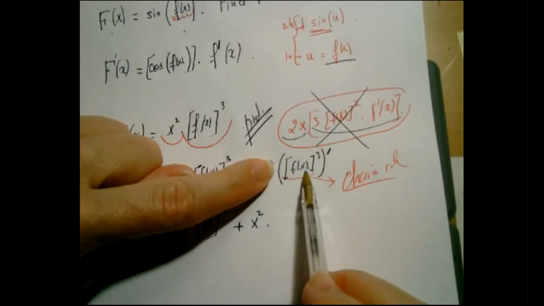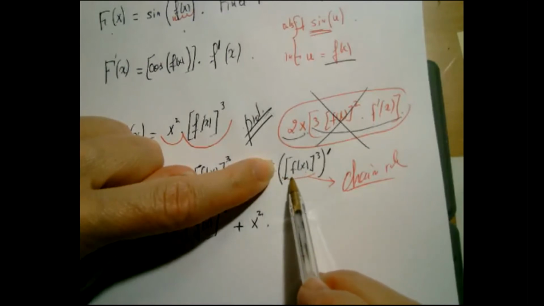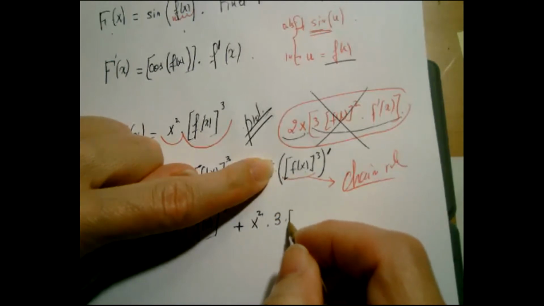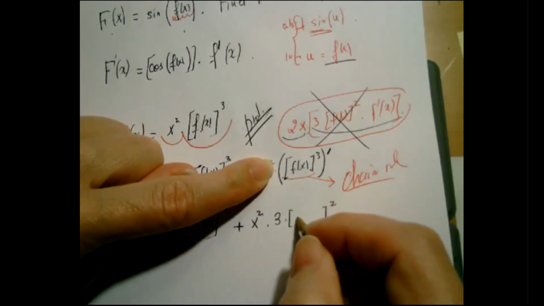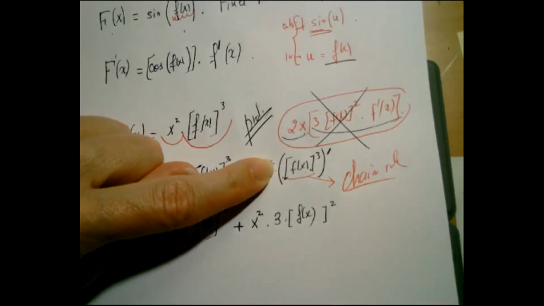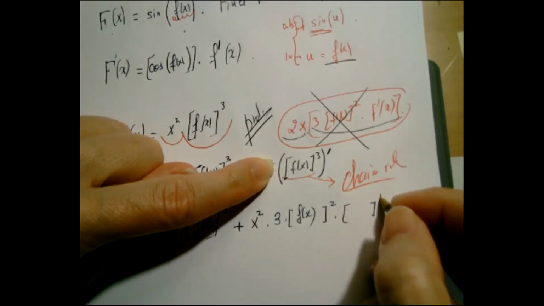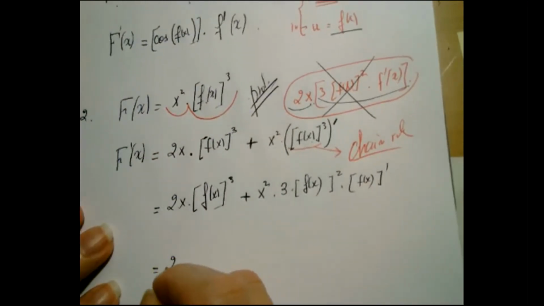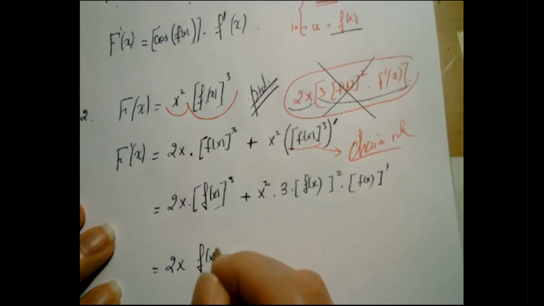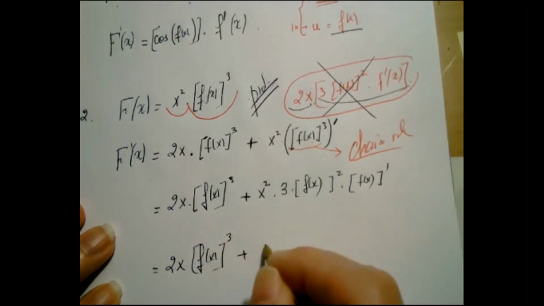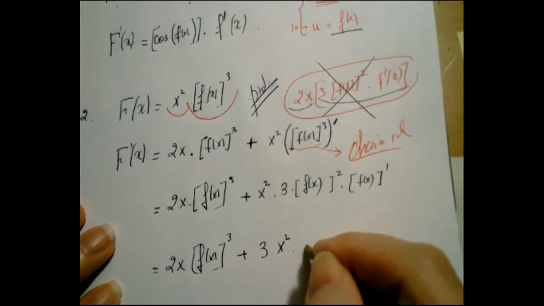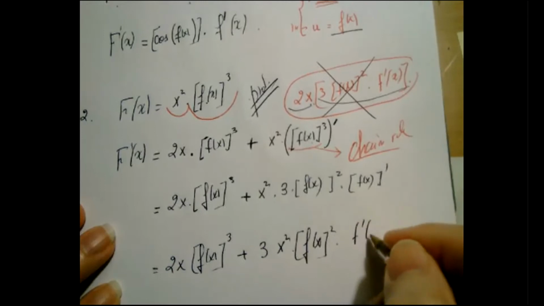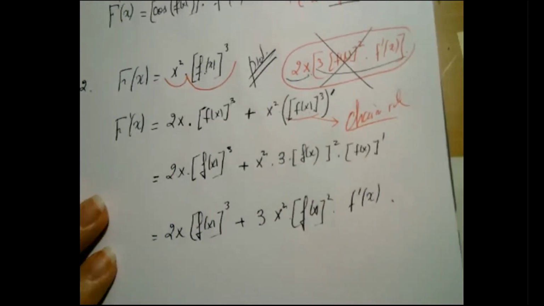My inside is f. My outside is u to the power 3. So the derivative of the outside is 3 u squared, but instead of u, I put the inside, times the derivative of my inside. And finally, there isn't much simplification we can do here. Plus 3 x squared f of x to the power 2 times f prime of x.